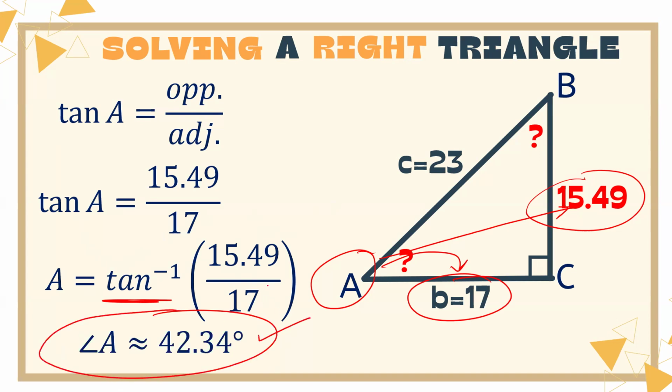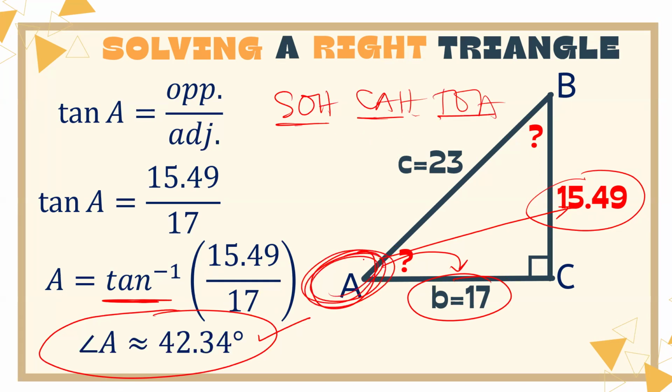So nothing should change whether you use SOH, CAH, or TOA. Is that clear? For as long as you referred to the proper angle correctly and you use the opposite, adjacent, and hypotenuse properly in the equations, then you'll get the same answer.